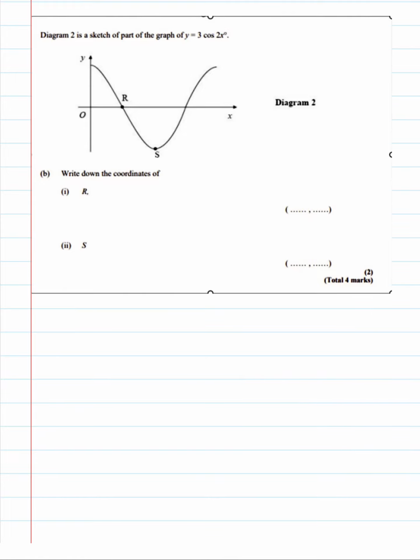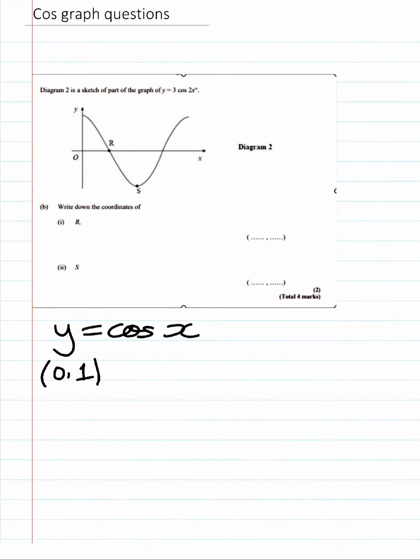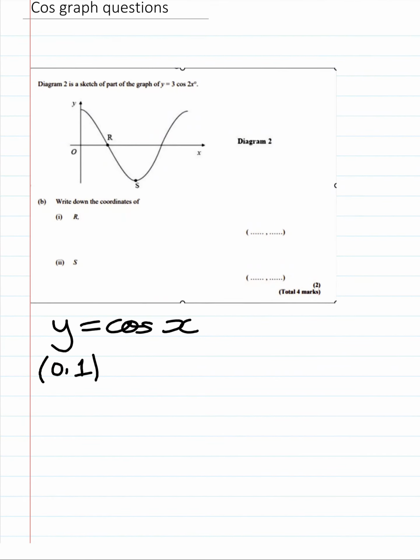First, let's remember the standard cosine graph y equals cos x. This starts when x is equal to 0 and y is equal to 1. Here, the equation has a 3 in front of it. We're working with y equals 3 cos 2x.